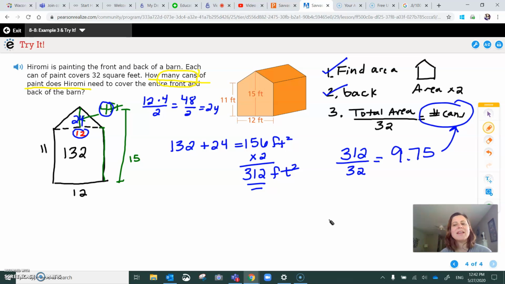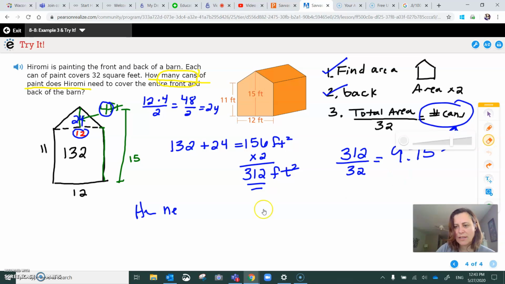But here's the thing, everybody. You can't buy a portion of a can of paint. They're not going to sell you a portion of a can of paint. So we might say he needs, oh, I don't know that is a specifically male name there. So let's change this. Whoops.